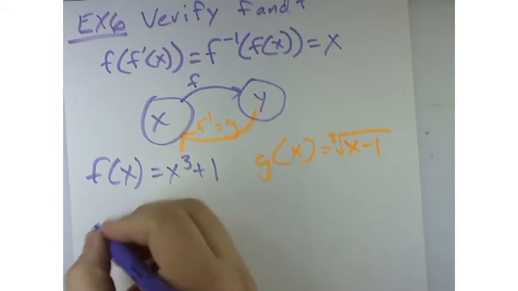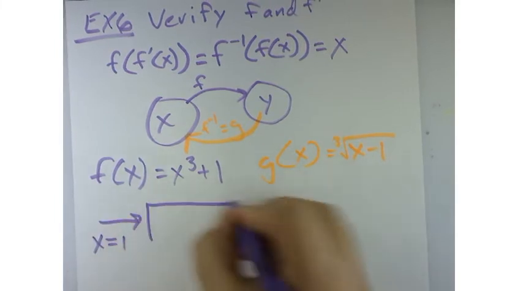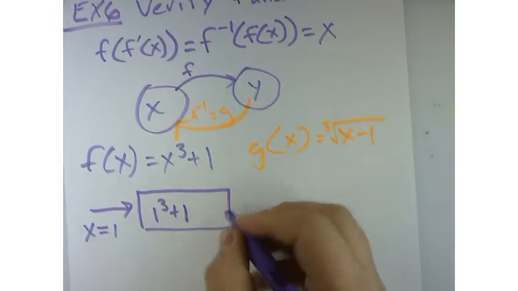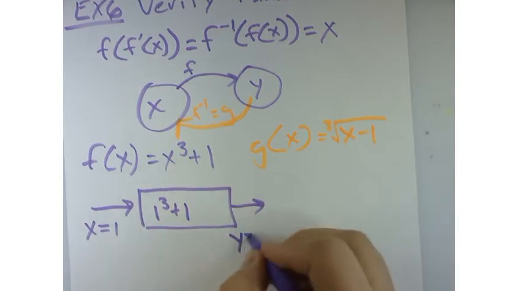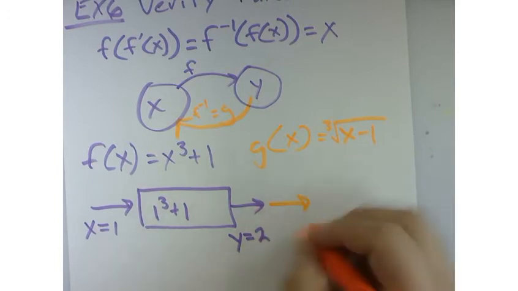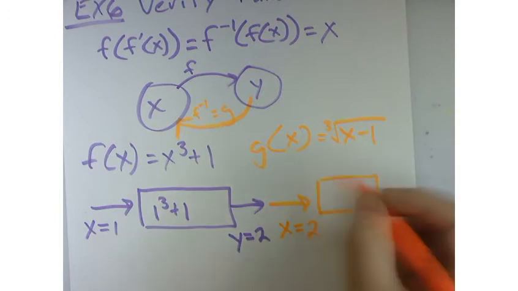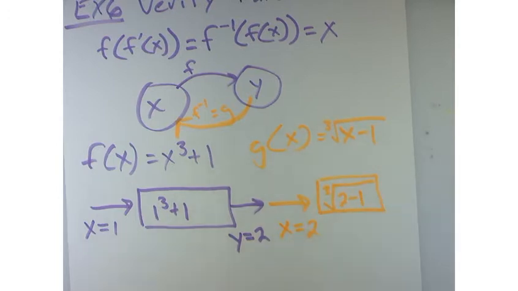If I say that x is equal to 1, and I plug that into my function, which would be 1 cubed plus 1, what does 1 cubed plus 1 equal? 2, right? Now, if I take that 2 and plug it into this function, which is the cube root of 2 minus 1, what's 2 minus 1? 1.